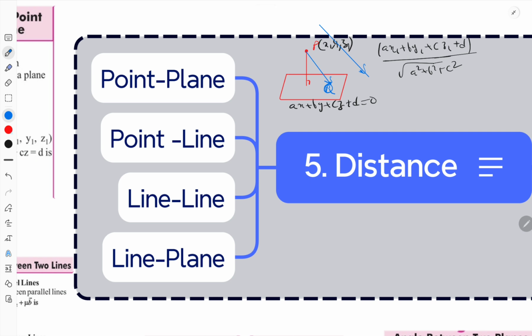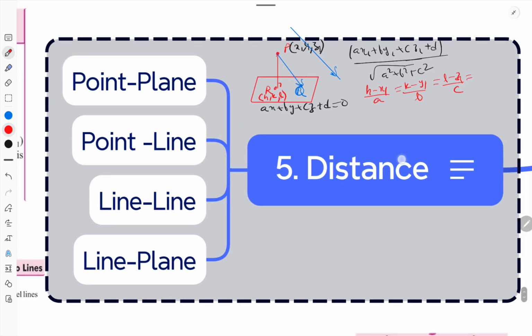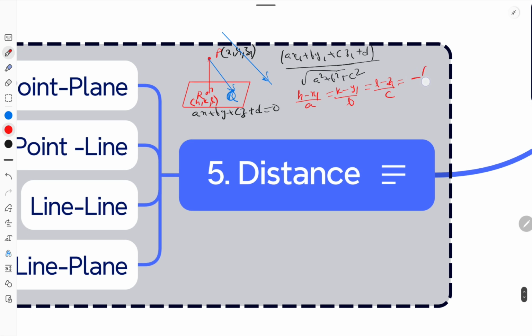Next, the other thing they may discuss is the foot of perpendicular. It is the same as in 2D. If the coordinates of the foot of perpendicular are h, k, l, then (h minus x1)/a, (k minus y1)/b, (l minus z1)/c equals minus of (ax1 plus by1 plus cz1 plus d) by (a square plus b square plus c square).